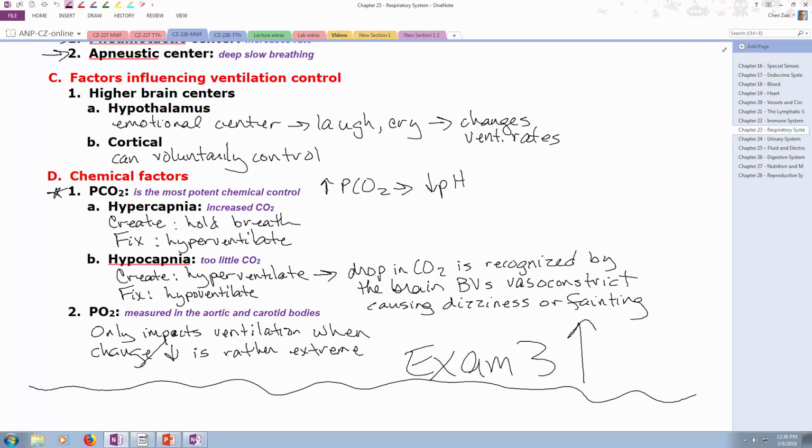Typically, home oxygen delivery is not going to go very high. In the hospital, because they're hooked up to different tank mechanisms, they can really up their level, but most home oxygen delivery systems are not going to be able to.